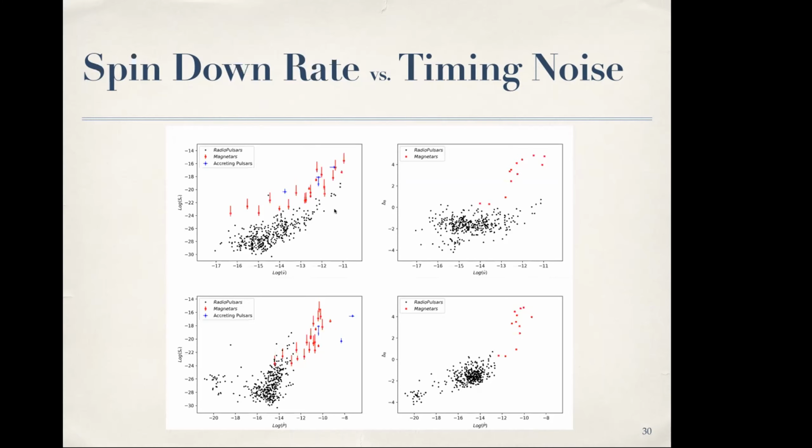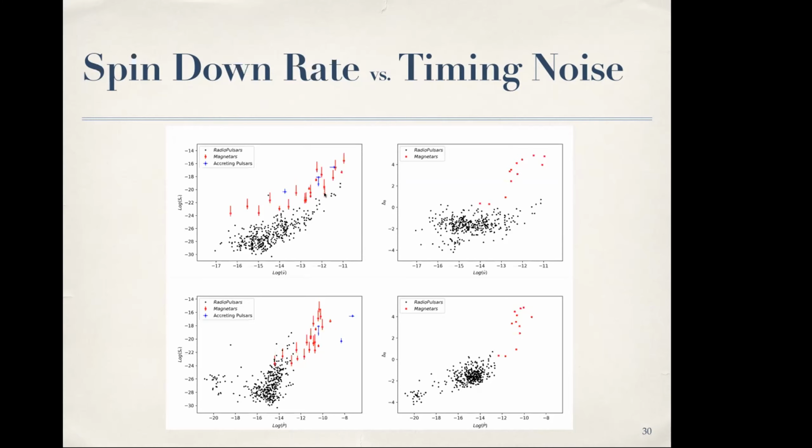So there are only 3 accretion powered pulsars which have a long time span of approximately 1,000 days. That's why we have used only 3 accretion powered pulsars in this particular section.